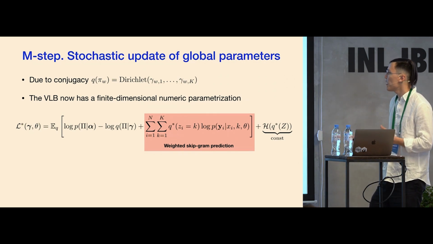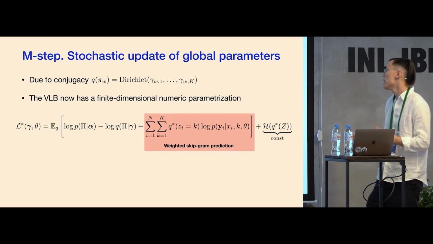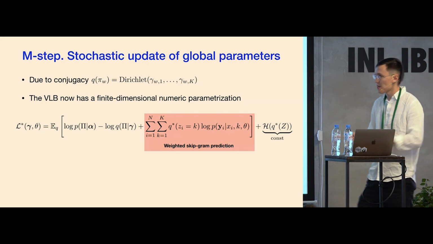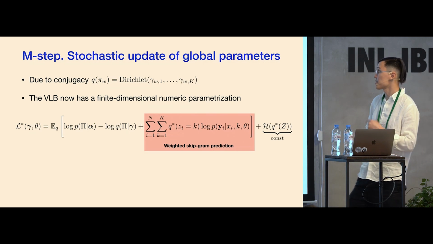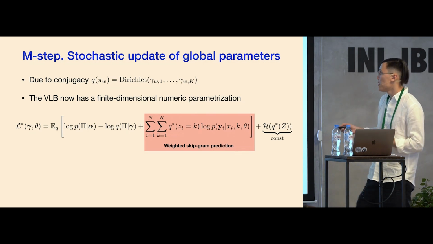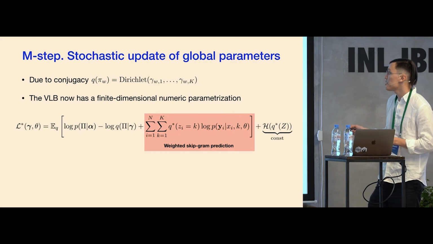So we can apply the same stochastic training algorithm as used in skip-gram, except that now we have more than one meaning for each word.